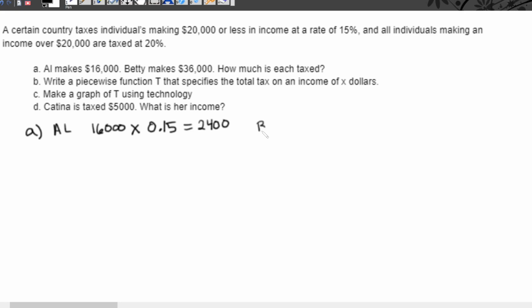Now Betty, on the other hand, falls into the other tax bracket. She makes $36,000. And this says anybody making over $20,000 is going to be taxed at 20%. So we'll just take her income and multiply it by 20%, the decimal form of 20%, which is 0.2.